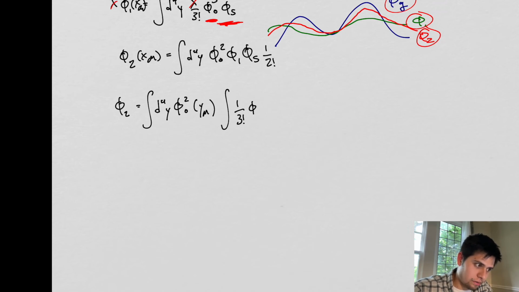This is going to be phi 0 cubed, like this, and we actually need another term here.